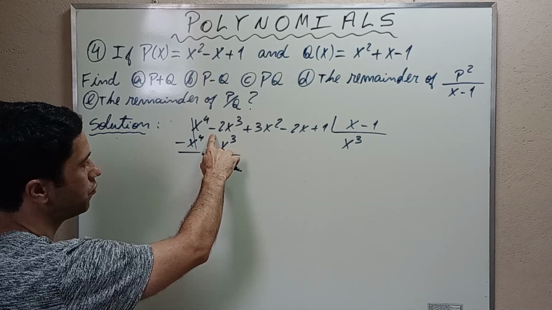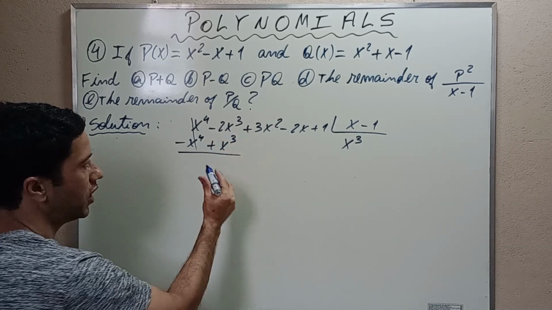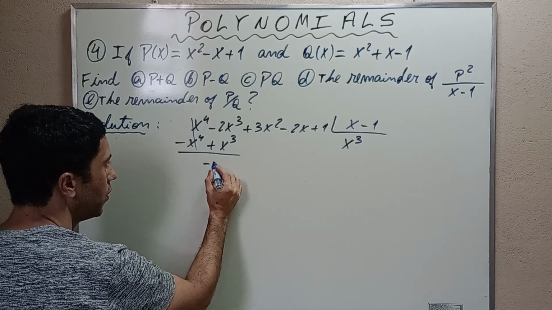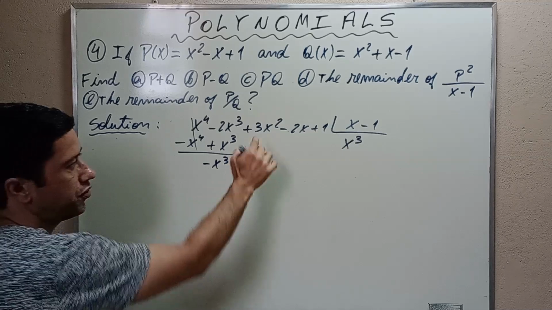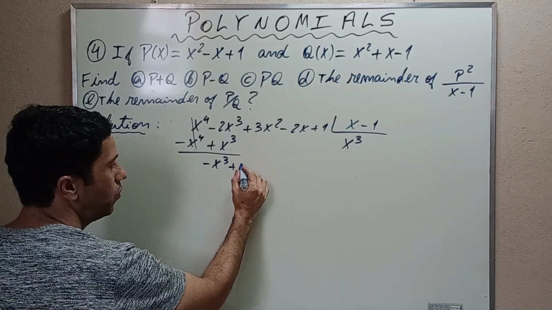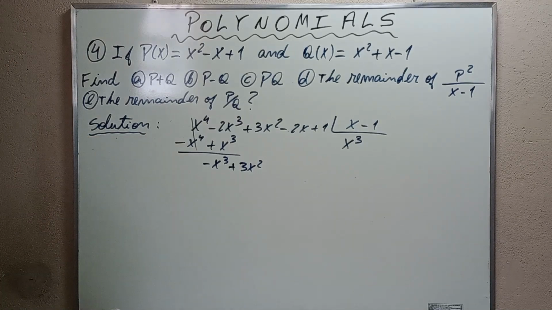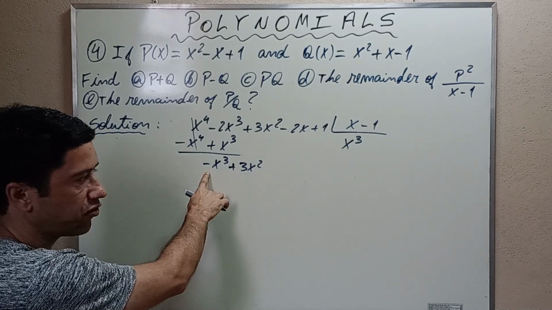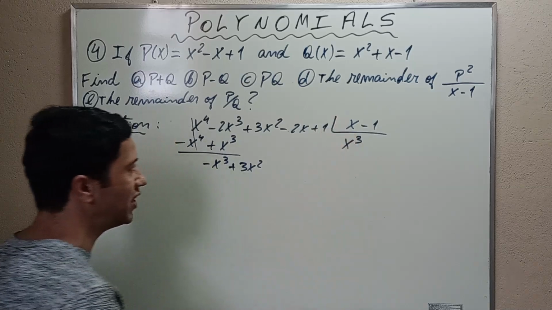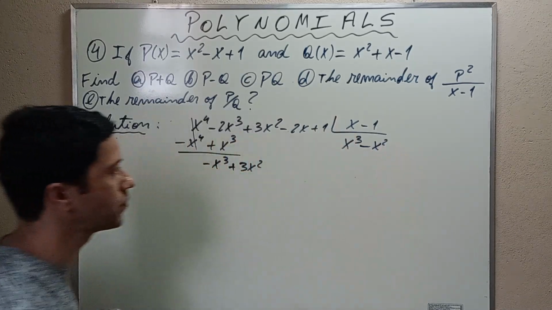I have here negative 2x cubed and x cubed. They become negative x cubed. I will need this term. I pass this below. Okay? Continuing the division, negative x cubed divided by x is negative x squared.